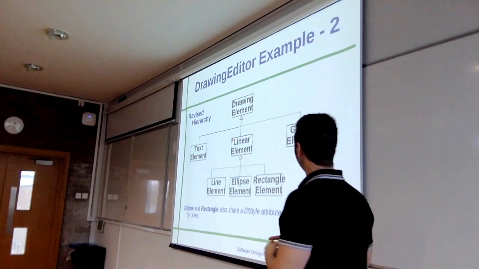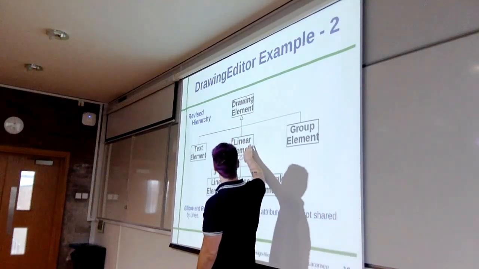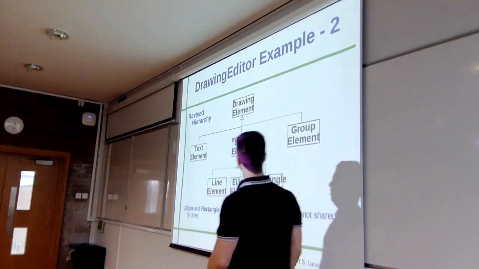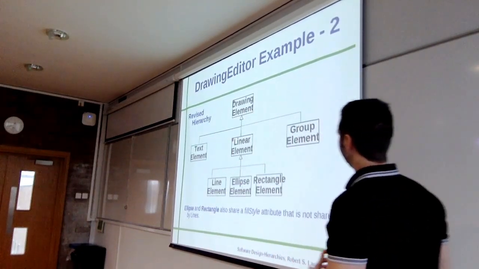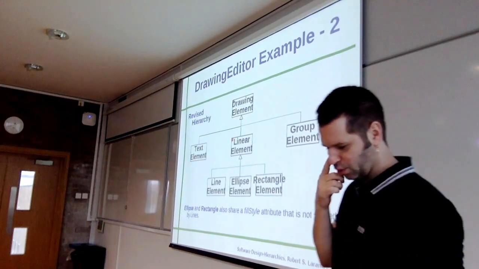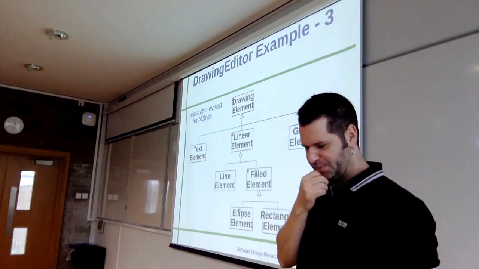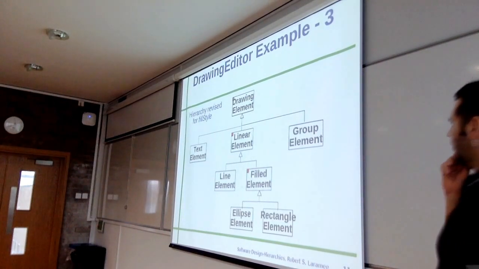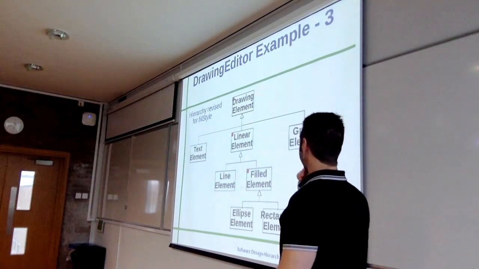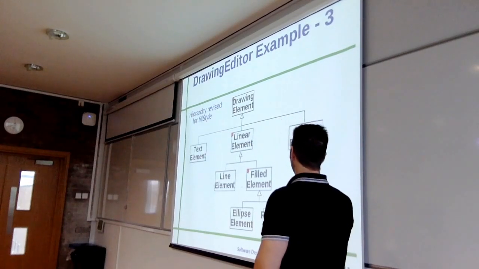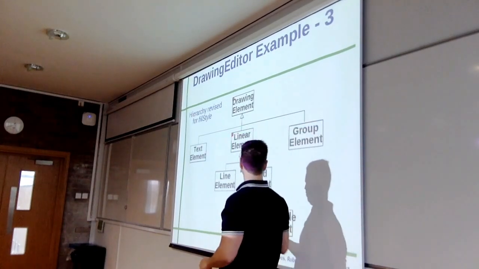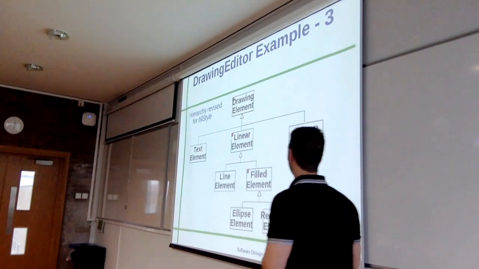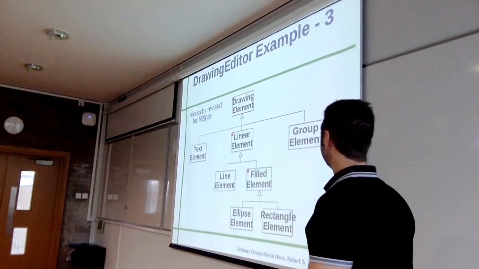But we can't put that shared responsibility here or here because it's not part of the linear element or general drawing element responsibilities, so we create a new abstract class called filled elements, and then ellipse and rectangle inherit from filled elements.